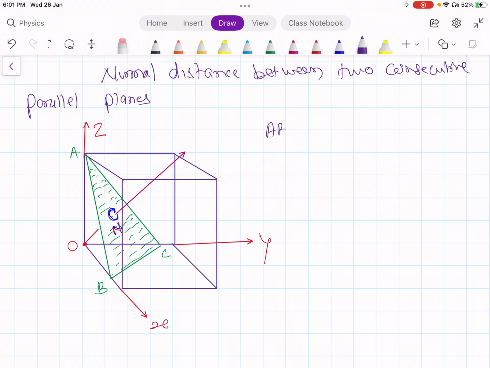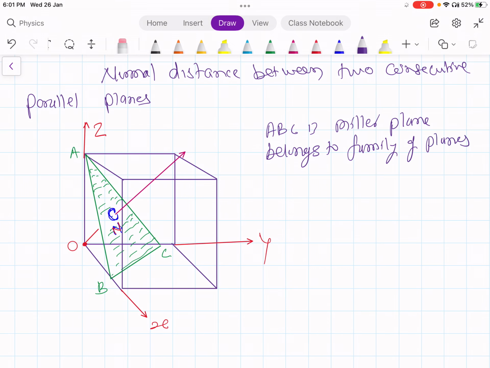This ABC is a Miller plane which belongs to the family of planes having Miller indices hkl. So the Miller indices of this plane is hkl.